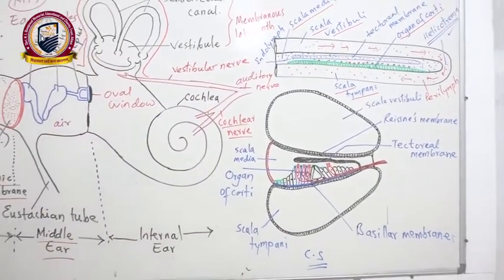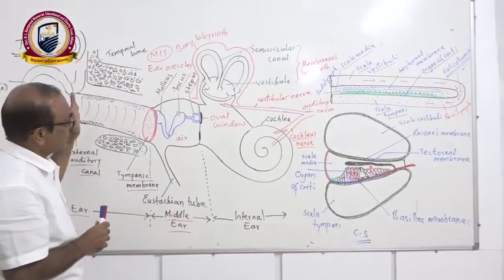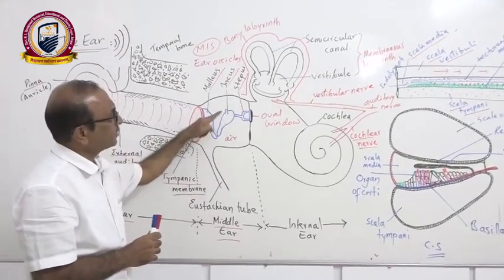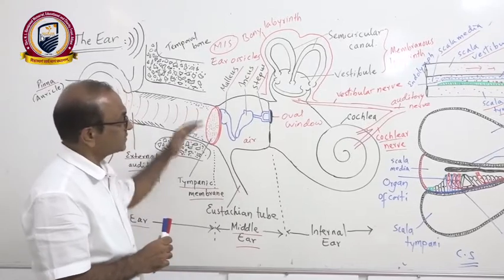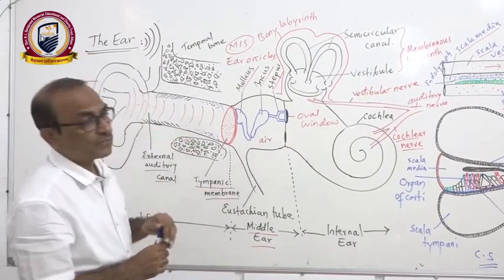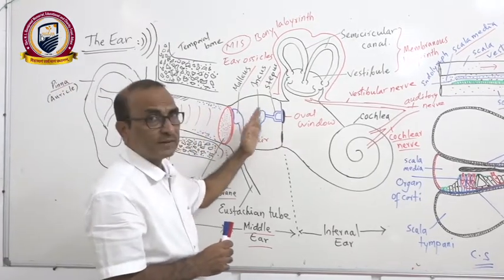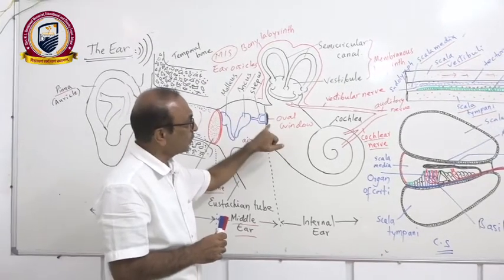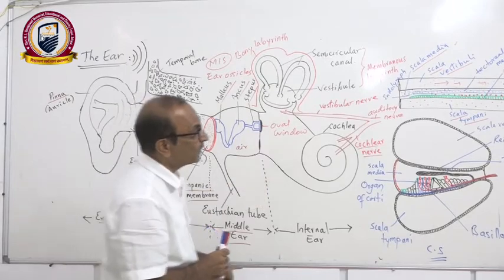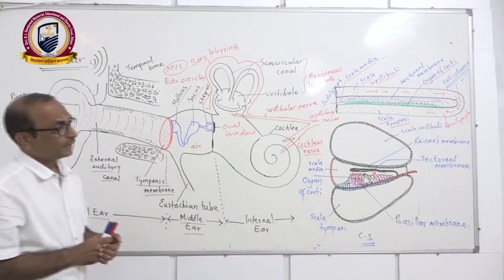Now, till now we have understood that the sound waves which first strike the tympanic membrane make the three ear ossicles vibrate, and these ear ossicles amplify the sound, and they send the sound waves further into the cochlea through the oval window, and that oval window is opening into the scala vestibuli.